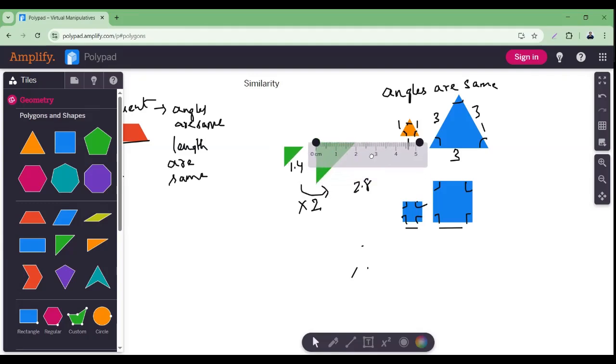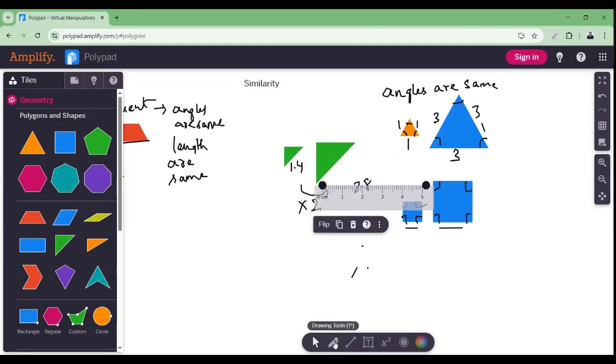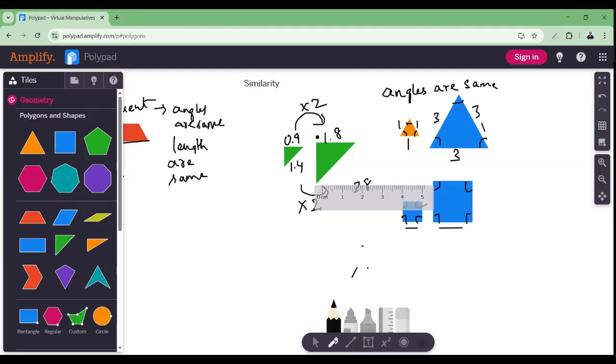This one is 1.8. Let's measure again. Almost 0.9. This is 0.9 centimeter and this is 1.8. Is there a connection between these two? Yes, absolutely. This is times 2 of this, isn't it?